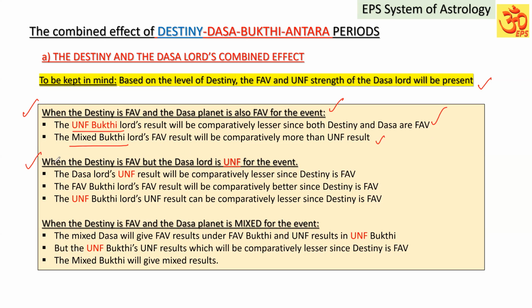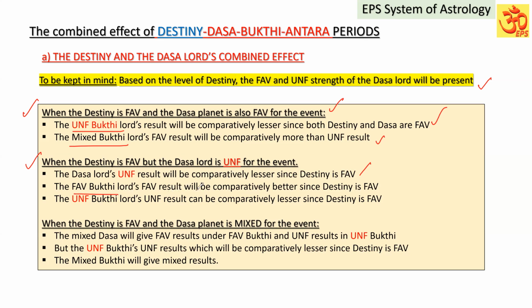Next, when the destiny is favorable but the Dasa Lord is unfavorable for the event, the Dasa Lord's unfavorable result will be comparatively lesser since the destiny is favorable. Suppose under the unfavorable Dasa, a favorable Bugdi is running.